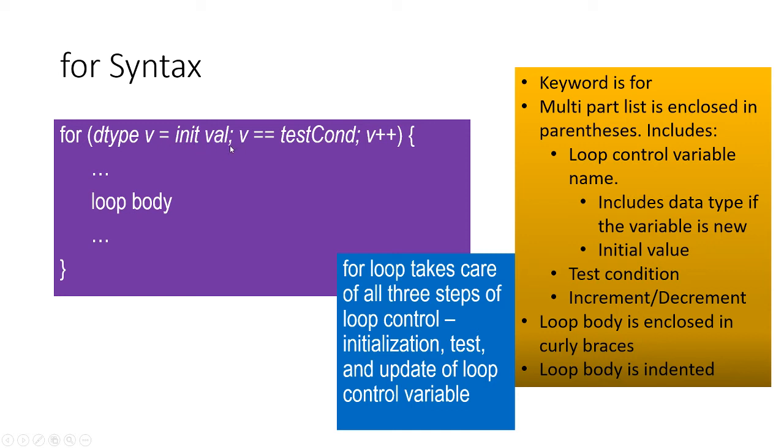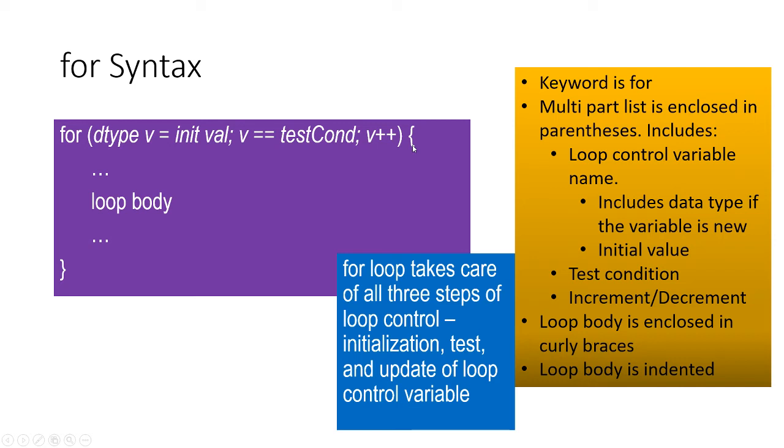We end that initialization information with a semicolon. Then we put our test condition, what our variable must equal to continue executing our loop, and then again a semicolon, and then our increment or decrement value of our loop control variable.